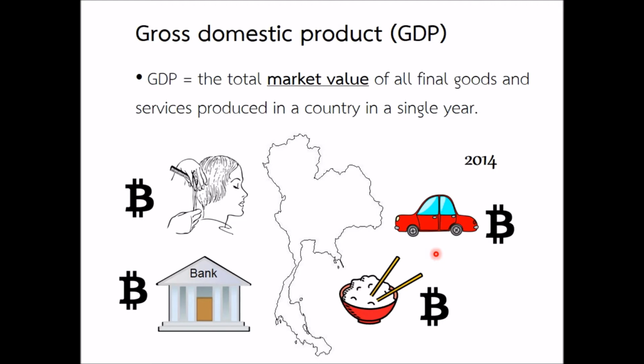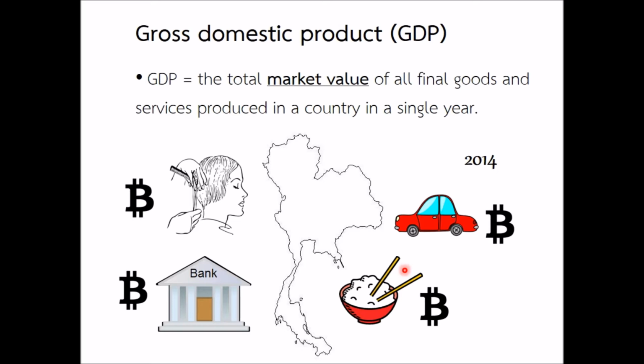This is very important because it allows us to compare different types of goods and services. It would be very difficult for people who want to compare the production between different countries or years to do that without money as an overall unit of measurement.